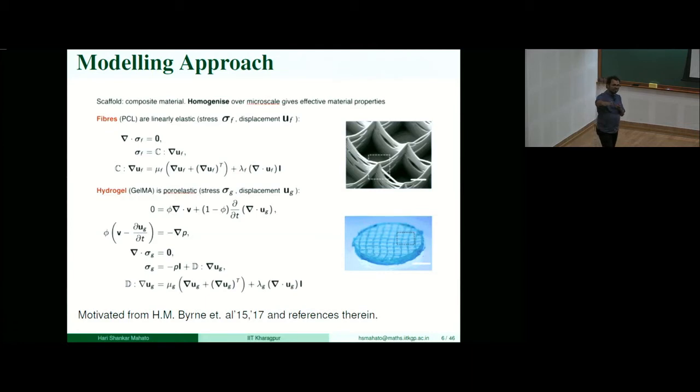So we are sending the epsilon to 0 so that you can have a homogeneous scaffold structure. Yes, that's the only case where I can pass to the limit.